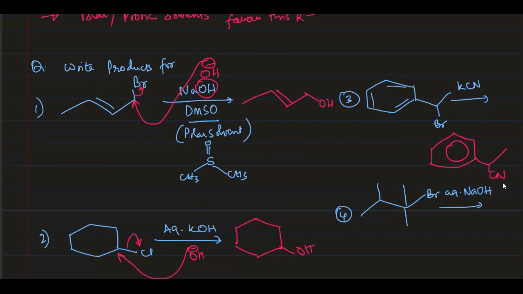Here also, because this is a tertiary carbon, first Br will go, then it will form a carbocation. Then the carbocation will be attacked by OH minus here, so it will become OH. So like this, you should be able to write the product. This is nucleophilic substitution.